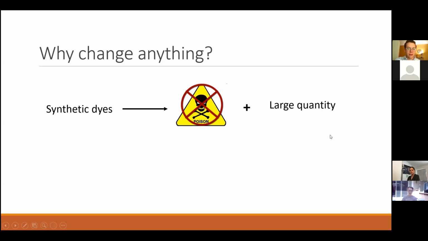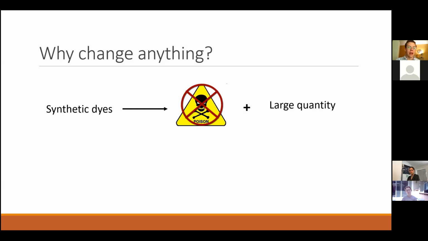And the reason for that is because synthetic dyes are generally not very good for anything living, nonetheless humans. So there's this hazardous element, and there's also quite a large quantity of waste that comes along with that. Because the dye baths are literally tubs of dye, you had to try to process all of this waste. And that was both time-consuming and difficult.